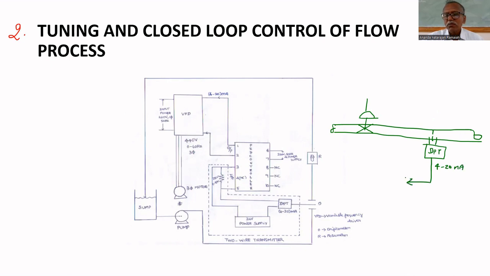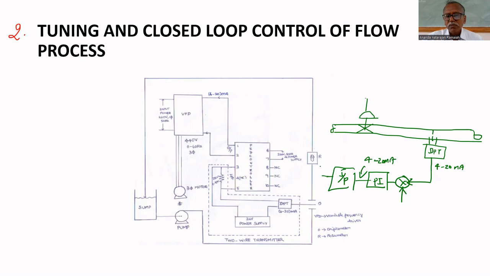That is given to controller, PID controller. The output of the PI controller is given to I to P. Here, the output of the PI controller is 4 to 20 milliamps again.